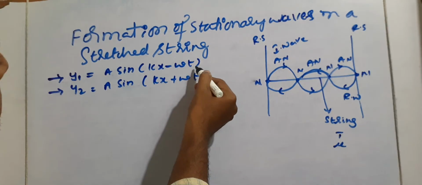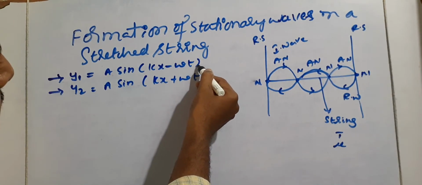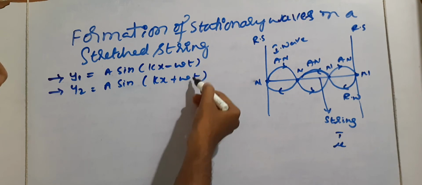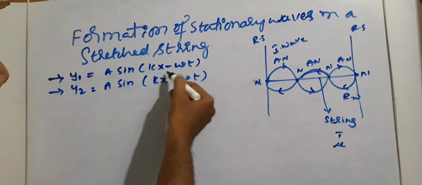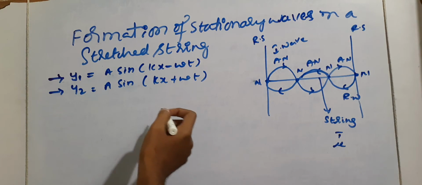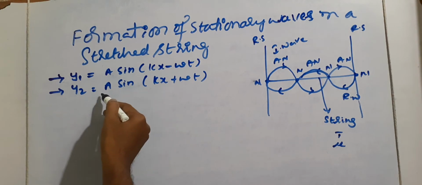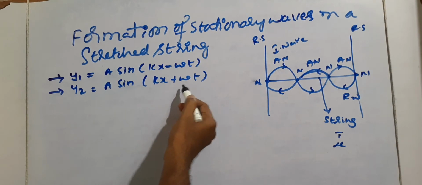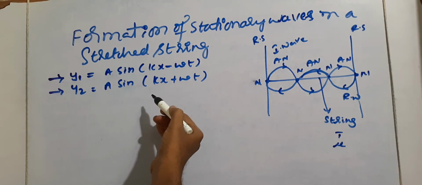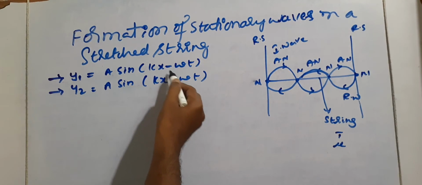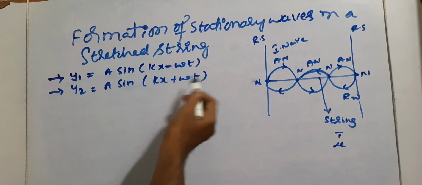This is the displacement of the vibrating particle due to the incident wave, which is traveling in the positive x-axis, and this is the displacement due to the reflected wave, which is moving in the negative x-axis. That is why plus and minus signs are taken, minus and plus.